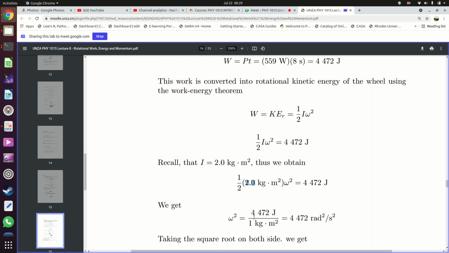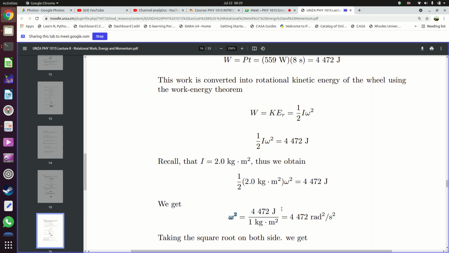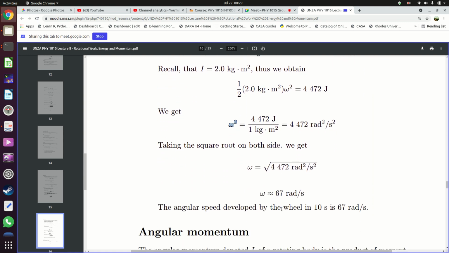Then if you divide both sides, omega squared is equal to 4,472 joules divided by 1 kg meter squared, which gives 4,472 radians squared per second squared. Taking the square root on both sides, omega is approximately 67 radians per second.